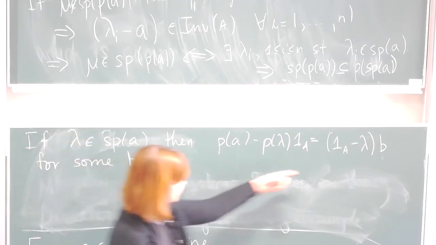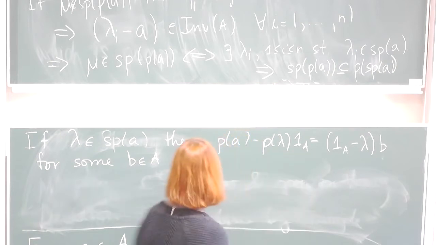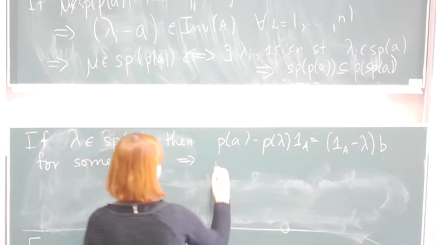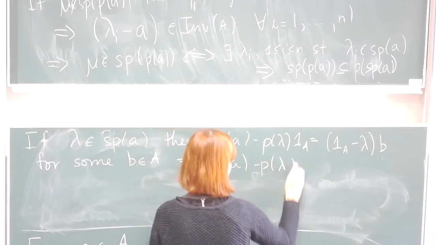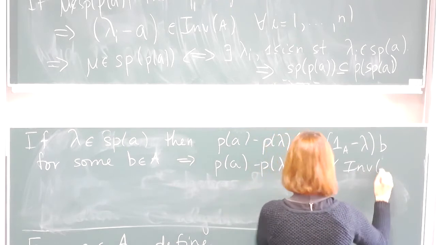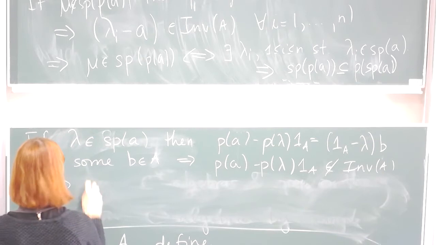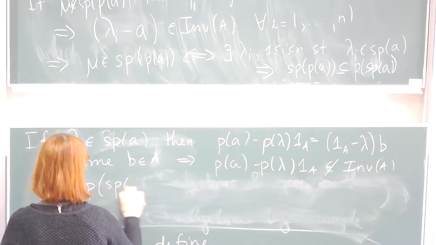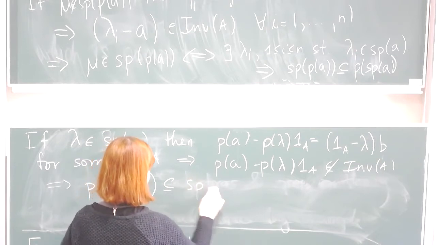And we know that a minus lambda is not invertible, so neither is this. So we get the opposite conclusion, which gives us the result.